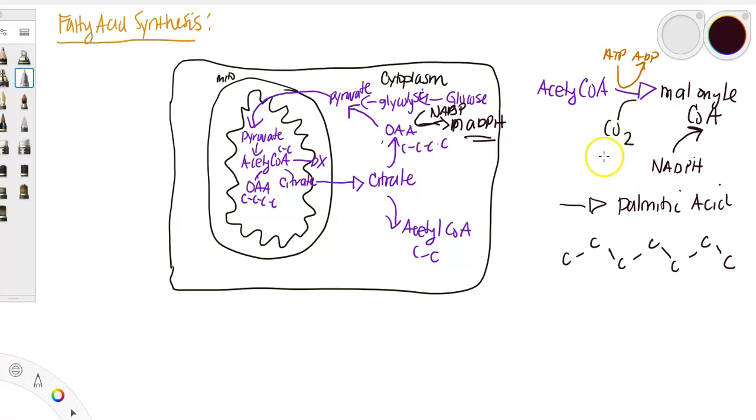So this requires an enzyme. It's enzymatic. So the enzyme that locks these things together, that puts together these acetyl-CoAs into palmitic acid, is called acetyl-CoA carboxylase.